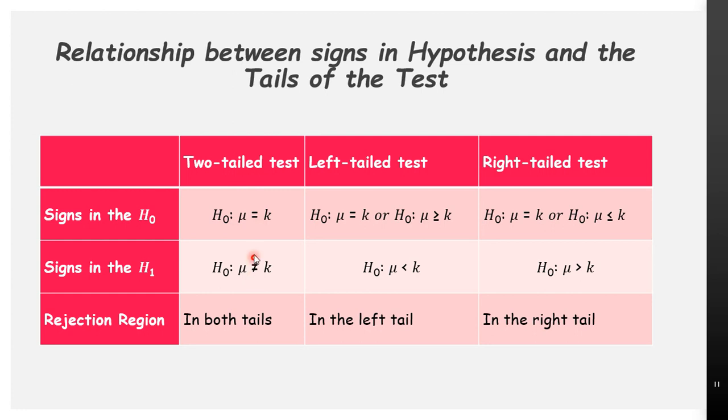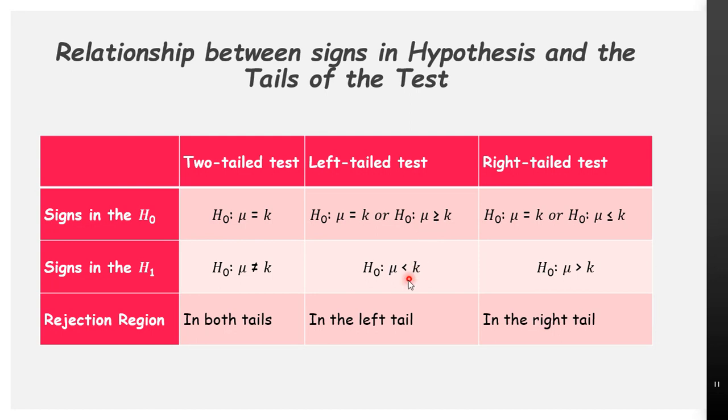So if we see equal or not equal, automatically that would be a two-tailed test.